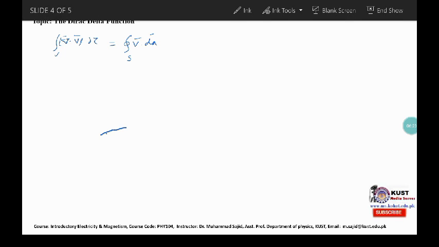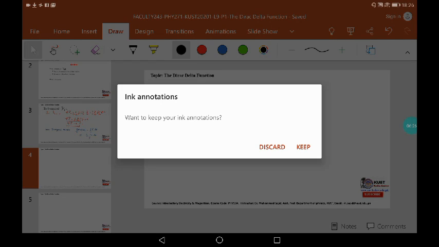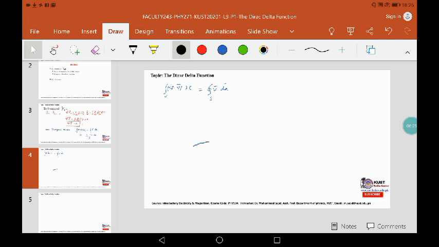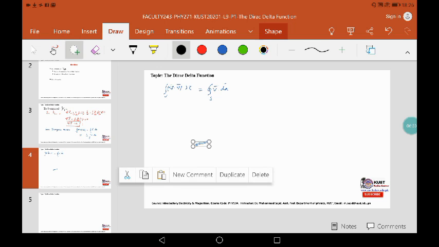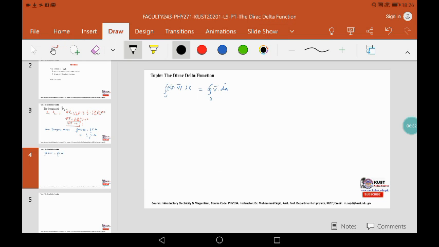I have to stop here briefly because I have a little problem. I have to remove this and this as well. I'll write it like this.